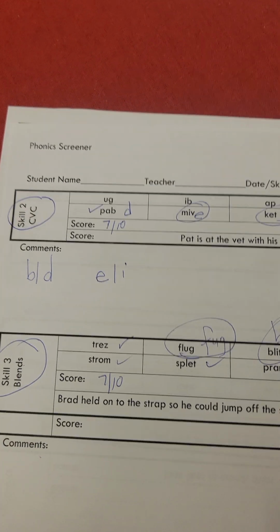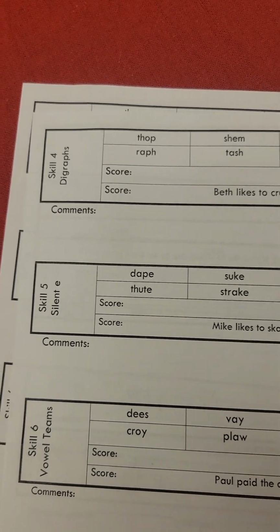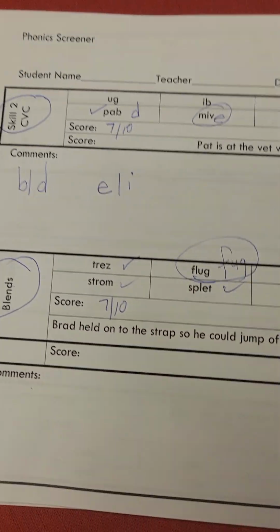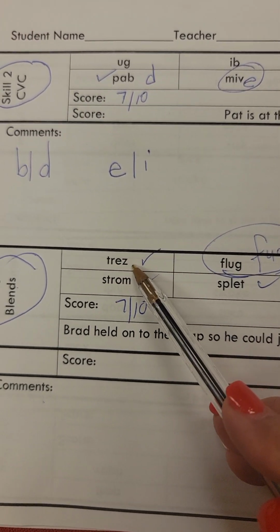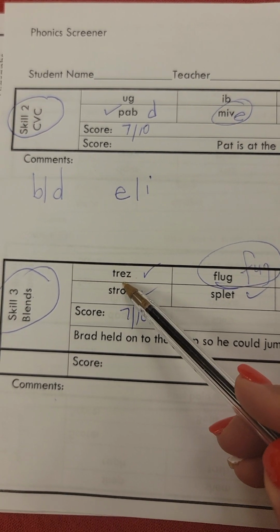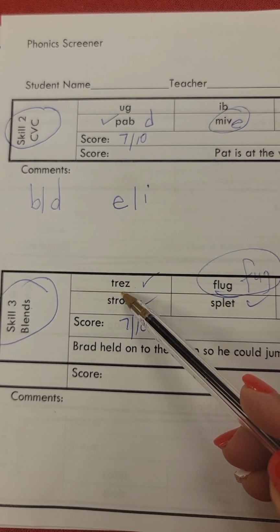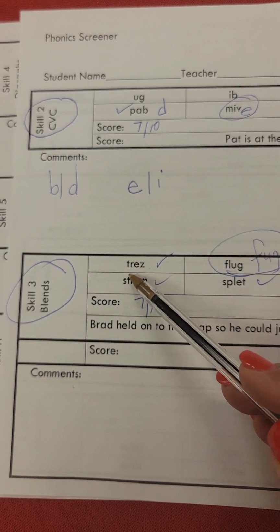All right, let's say that they had 8 out of 10 on both of those, and I'm going to continue on. Okay, here's digraphs. Again, let's go back to the blends. If they said trizz, that's okay because we know that they're mixing up the E and the I. That's more information telling us that they're mixing up the E and the I. But they know the blend.